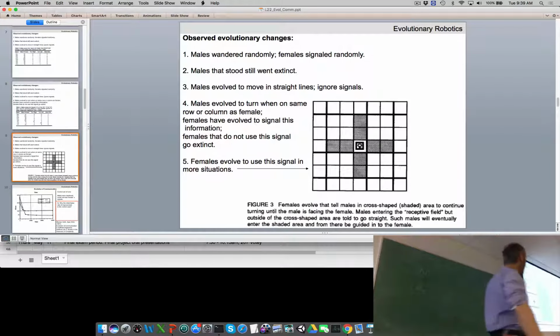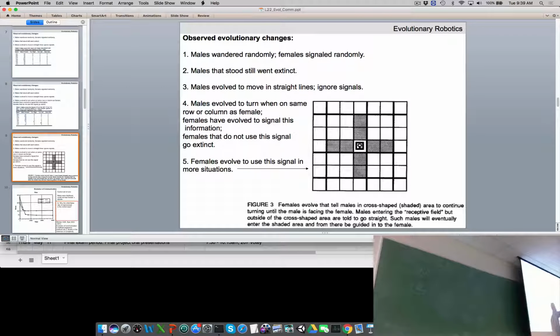So here's a little visualization of this. At 15,000, the females were emitting that signal at those situations. As time continued, the females evolved to use the same 2 signals in greater and greater situations, right? So maybe the female only emitted the signal when the males entered the same row on her left-hand side.